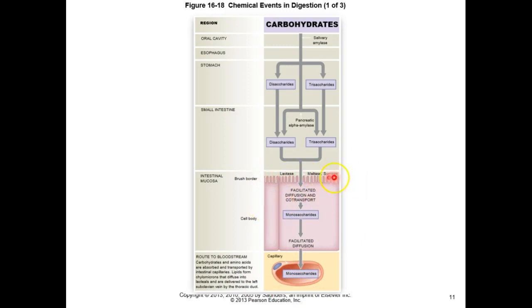On this side of the intestinal mucosa, we have microvilli to increase surface area, and on those microvilli are some co-transporters. The co-transport is between sodium and glucose, so it's coupled with sodium.